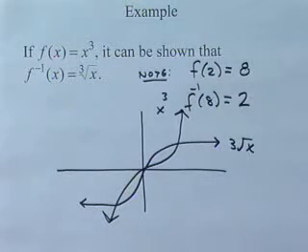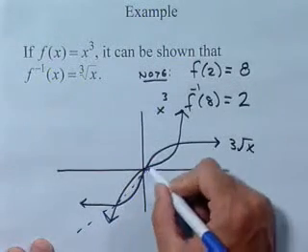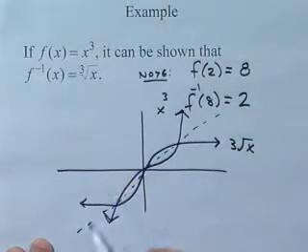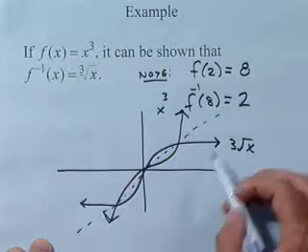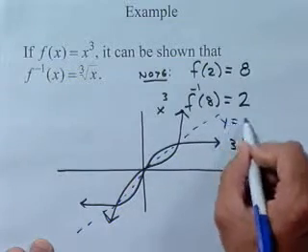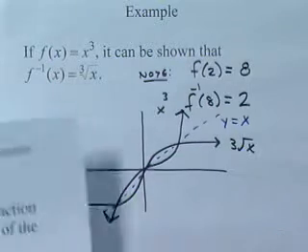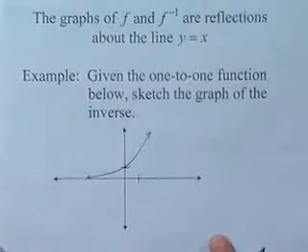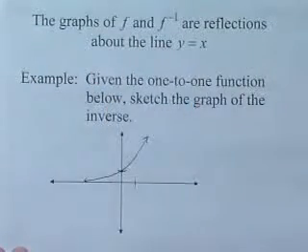If ever we have an inverse function, if I have a function f and its inverse, these functions will always be symmetric about this line right here, that 45-degree angle line, y equals x. So let's write this down. The graphs of f and its inverse function are reflections about the line y equals x.